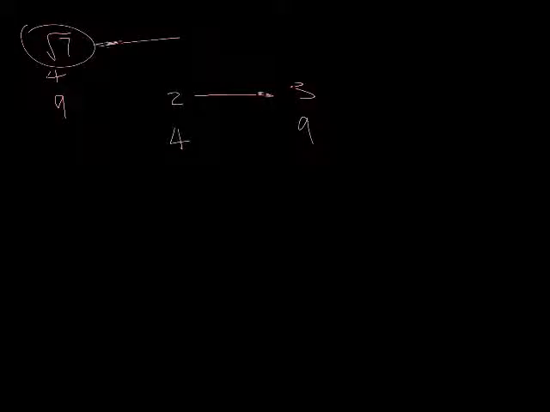I know that 3 times 3 is 9, and I know that 2 times 2 is 4, so the square root of 7 is somewhere between 2 and 3. There's some number I'm looking for that when I multiply it by itself, it's going to give me 7, and I don't know what it is.